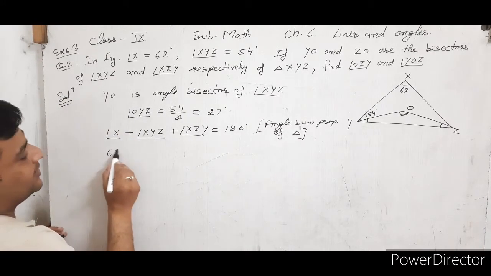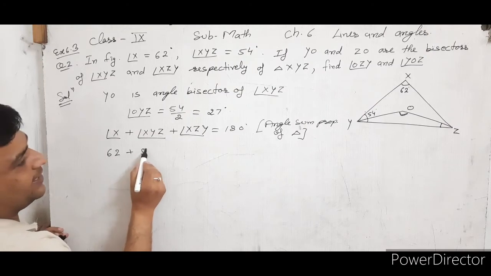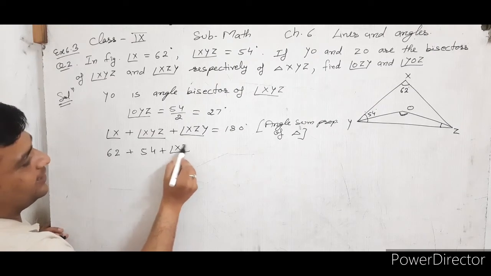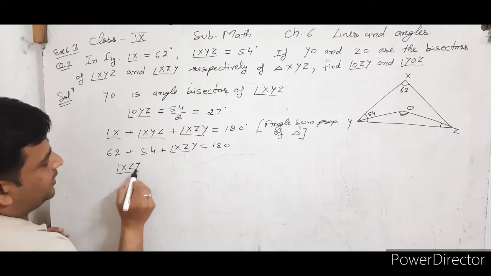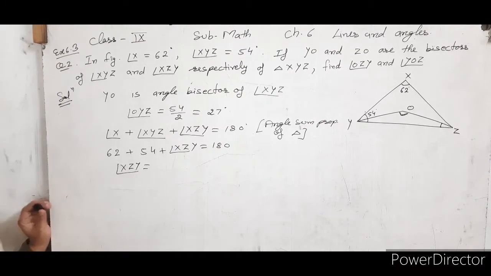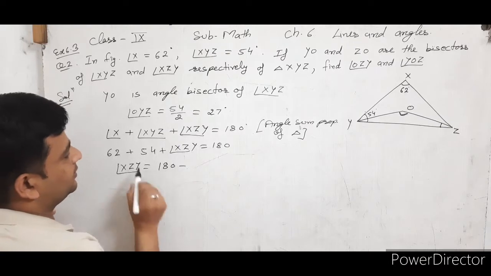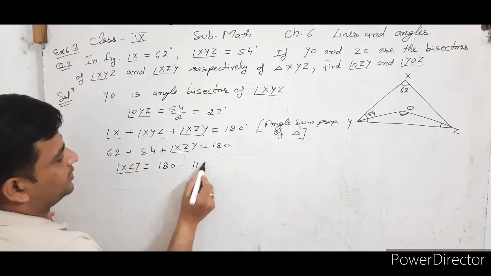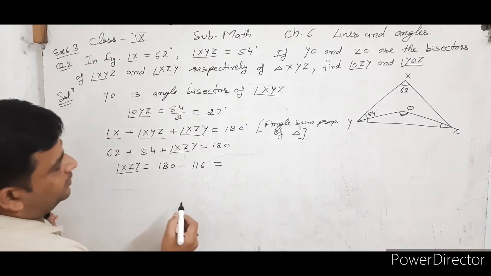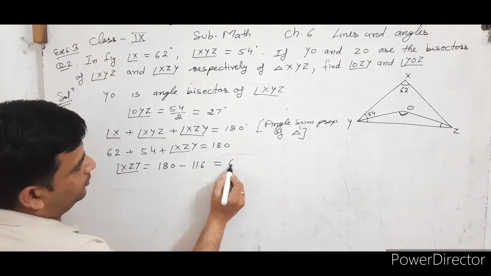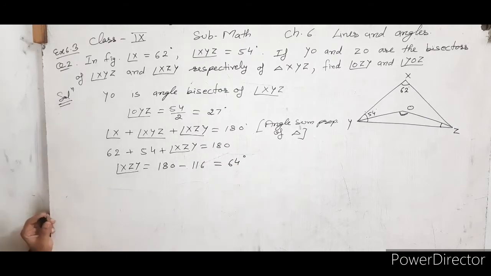Angle X is given as 62, XYZ is 54. So angle XZY can be found as 180 minus 116. If we subtract, it will be 64 degrees.